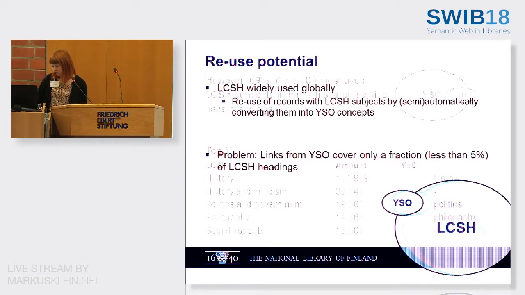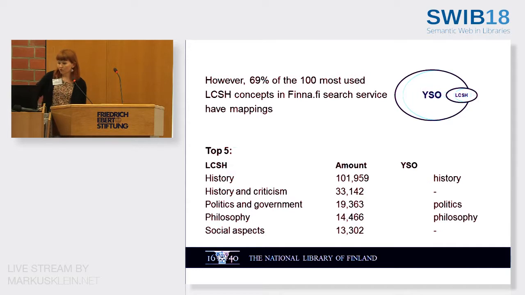So is there a point in doing this? We know from our Thesaurus, which we've used since the 80s, that some concepts tend to be used all the time. Some maybe just once or twice in their whole existence. So when we don't look at the whole LCSH, but focus on the concepts that are used the most, we took a sample of 100 most used LCSH concepts from our own search service and checked the mappings, and it turned out that this way we can get a 69% mapping rate.